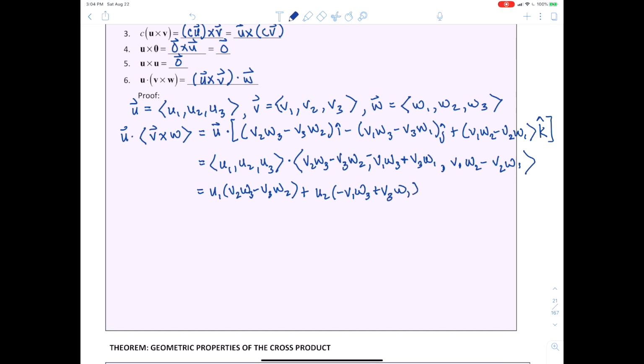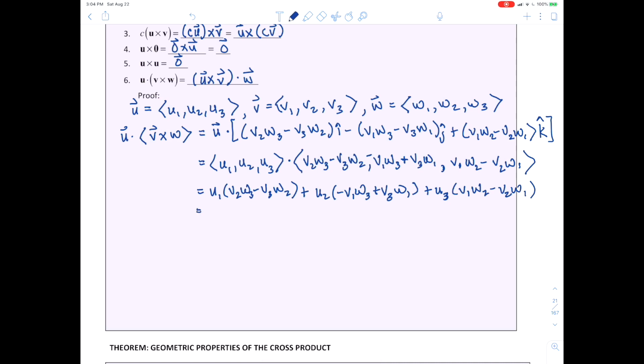And then we'll have plus U3 times V1 W2 minus V2 W1. Cool so far? Okay, now we're just dealing with products of real numbers.